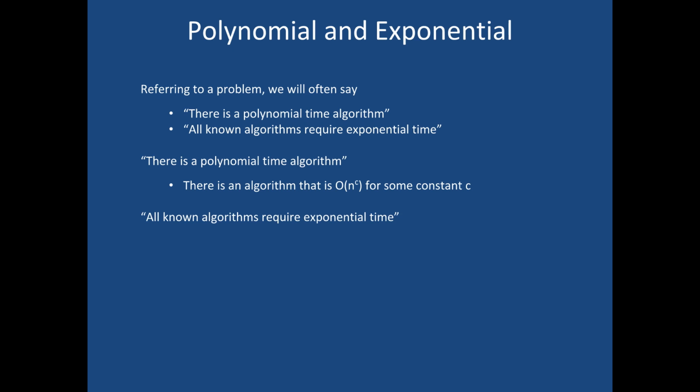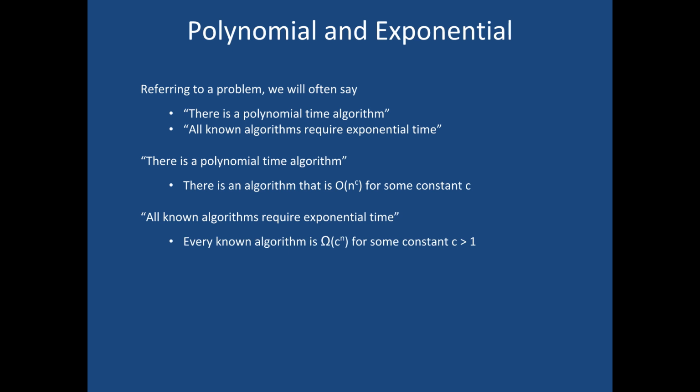What does it mean when we say that all known algorithms require exponential time? If I have some problem and I say the only algorithms that have ever been found for this require exponential time. For polynomial time, we said the algorithm had to be O of n to the c. What would be true of every known algorithm if they all are exponential time? Well, not O of c to the n, omega of c to the n.